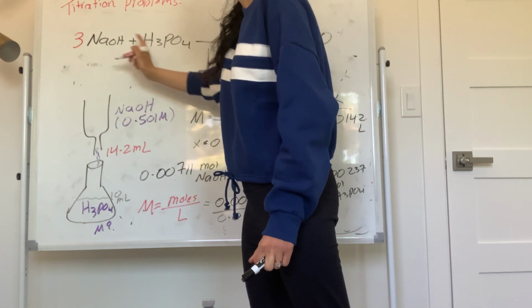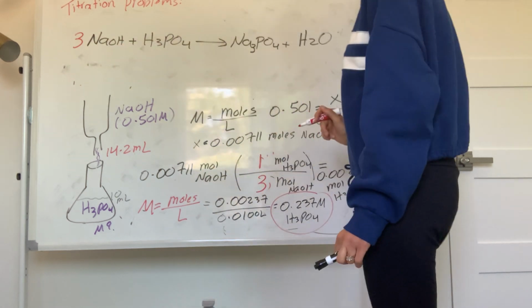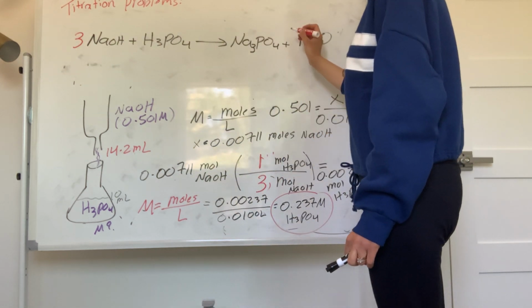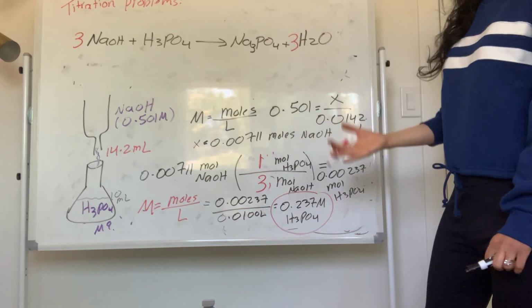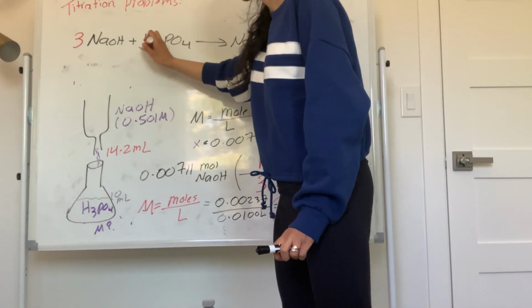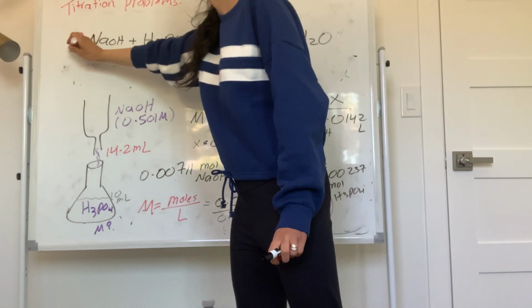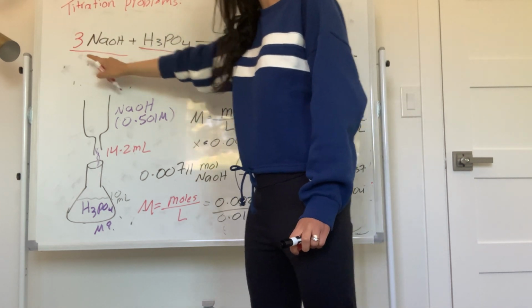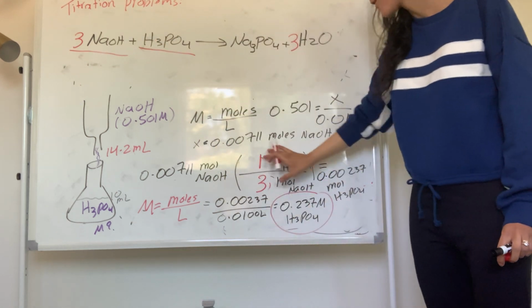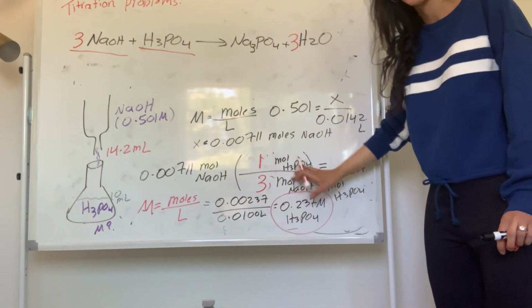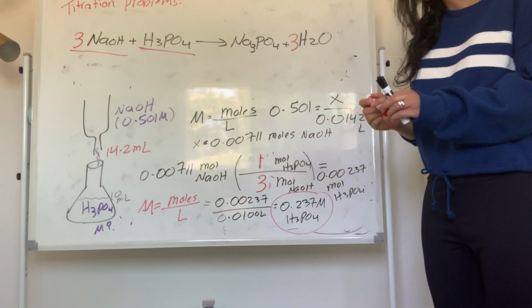I have 3 hydrogen here, 3 hydrogen here. That would be 6, so I add a 3 over here for water. Now, by doing this, here is a mole ratio: 1 phosphoric acid for 3 NaOH. And that's what I had over here.